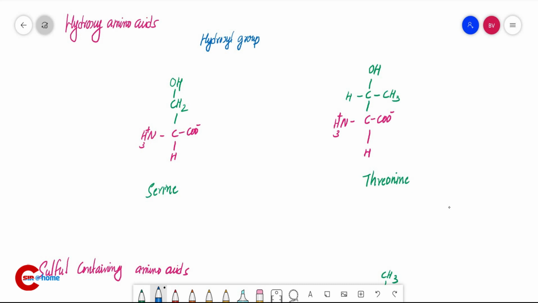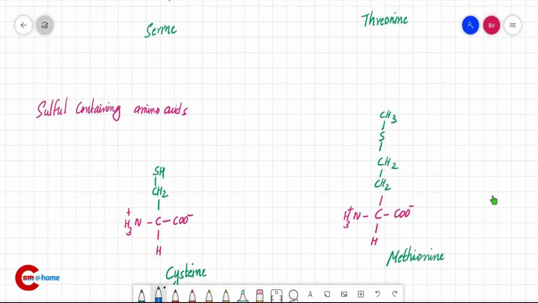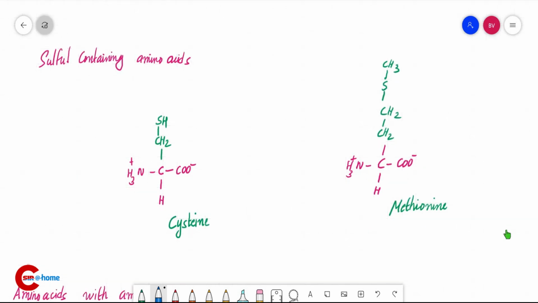This is aliphatic hydroxy amino acids. Serine and threonine are examples of aliphatic hydroxy amino acids. It contains a hydroxyl group. The next category is sulfur containing amino acids.